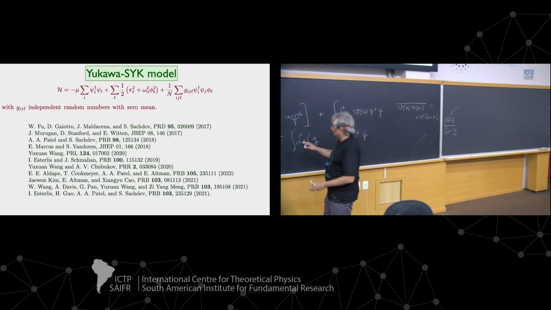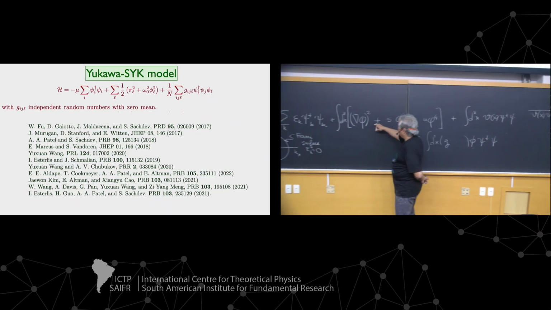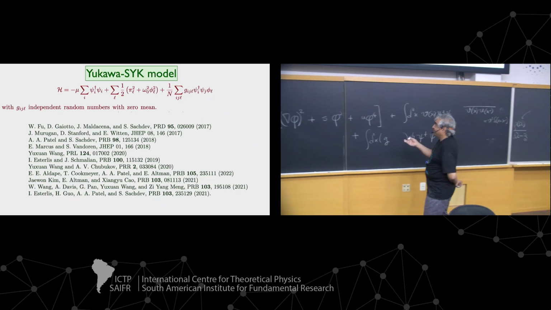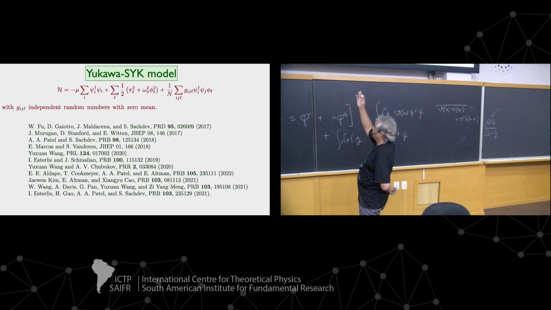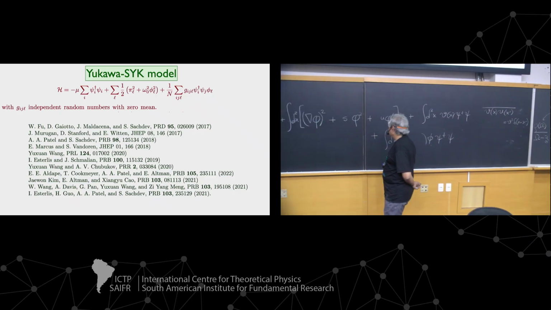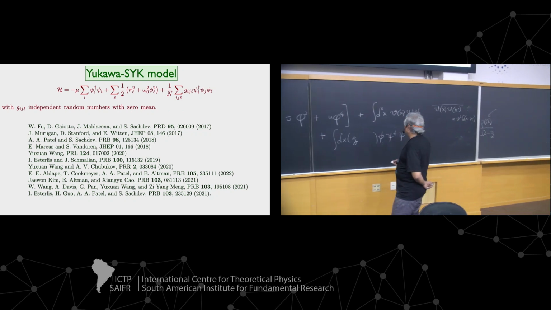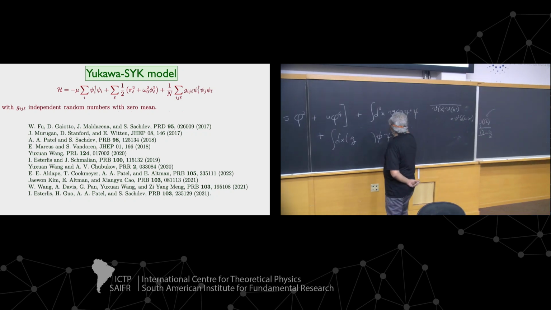But we are interested in the case where somehow the phi field, as written, is not critical. It'll turn out we'll need to tune something. Unlike the bare Yukawa SYK model, we need to tune it. Then we have to worry about disorder near the critical point. And this is the way people normally thought you should.